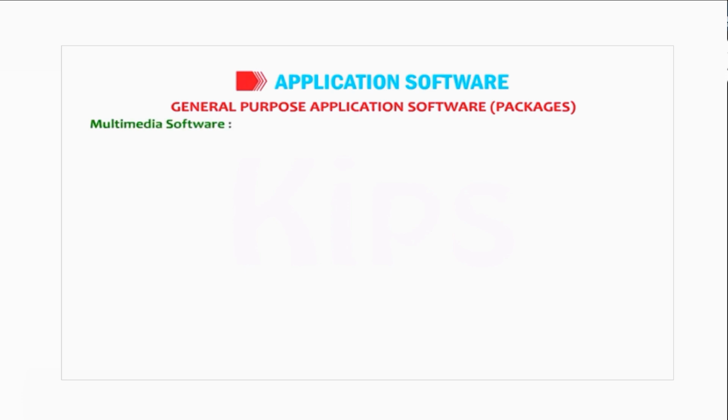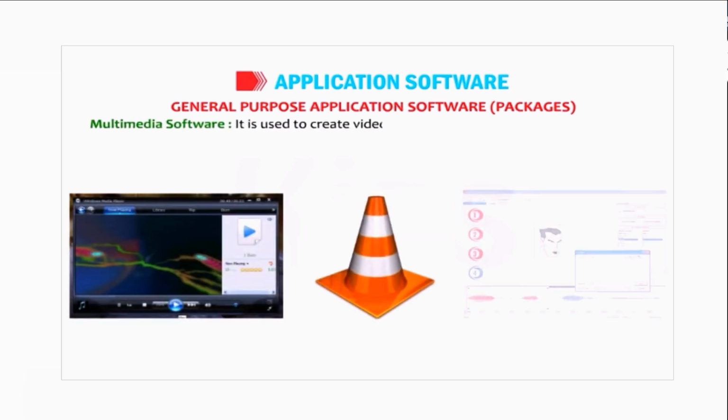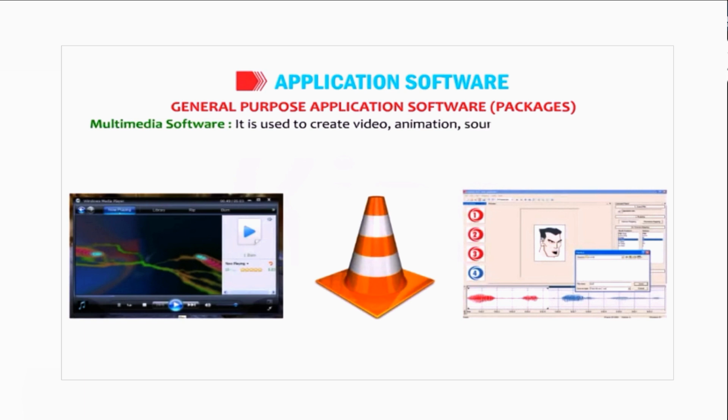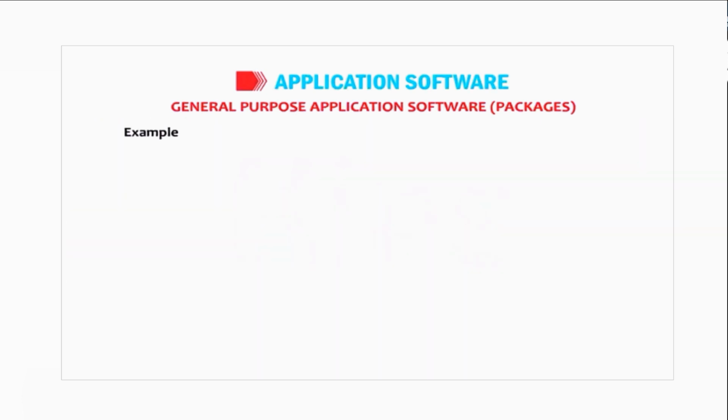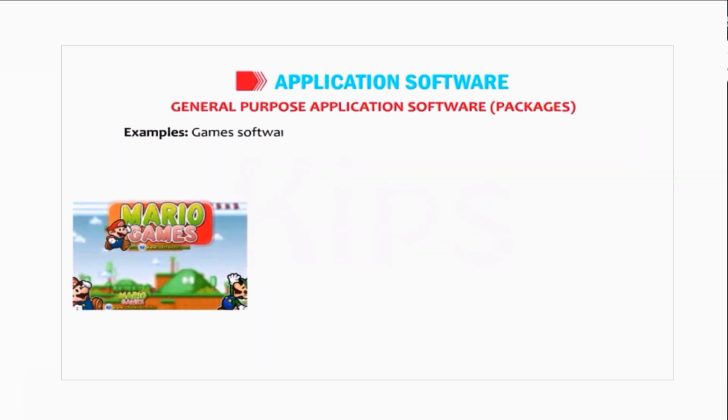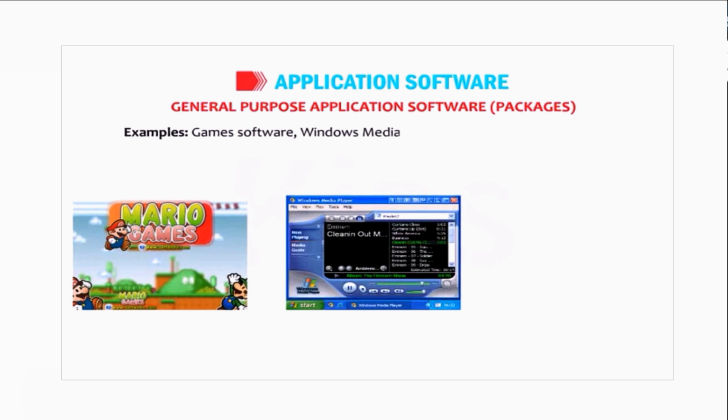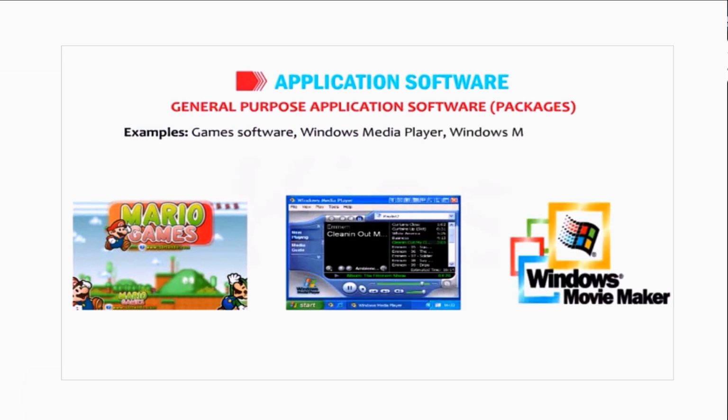Multimedia software. It is used to create video, animation, sound, graphics, and text with a high degree of interaction. Examples: Game software, Windows Media Player, Windows Movie Maker, etc. Special purpose application software, customized software.